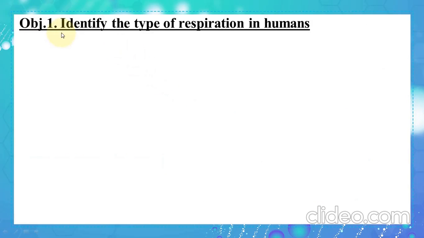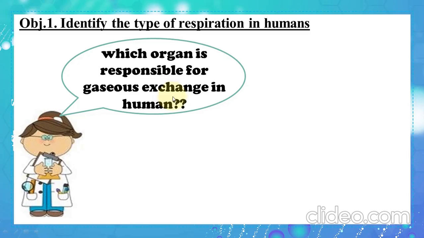The first objective, identify the type of respiration in humans. In order to identify, we should indicate and justify. So, what is the type of respiration in humans and how can we justify that? Which organ is responsible for gases exchange in a human?